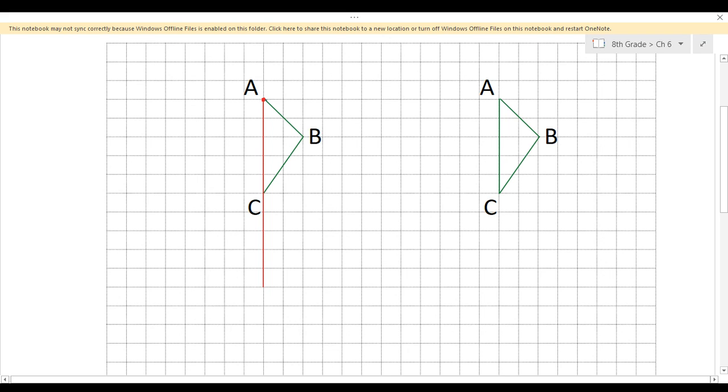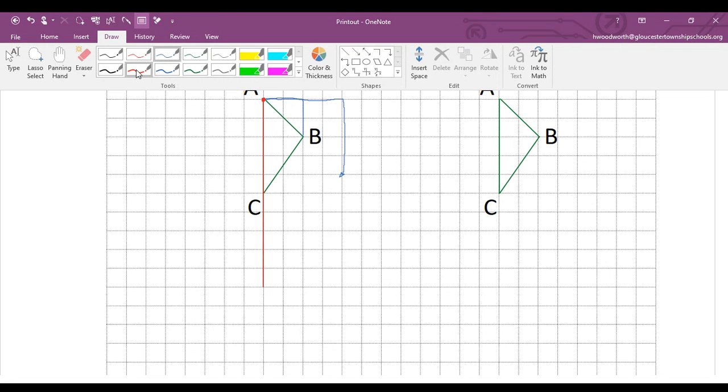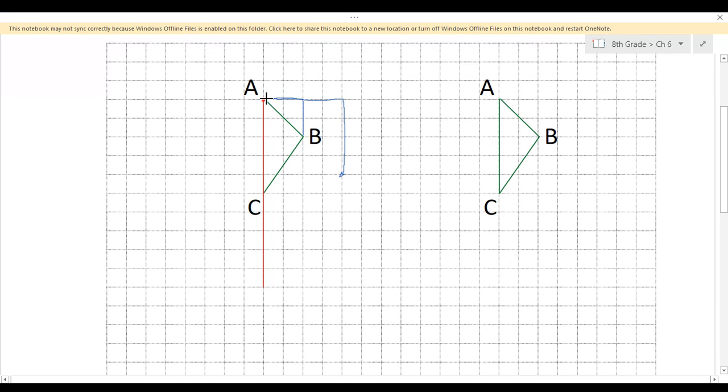So what we're going to need to do is find the horizontal and vertical lengths away from the center of dilation. It looks like we go 2 over and 2 down. So with a scale factor of 2, we're going to double both of those, and we're going to go 4 over and 4 down. And there we have our B prime. So let's get the red and the line, and let's draw our line into B prime.